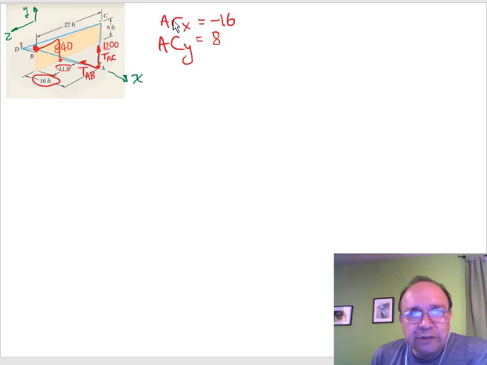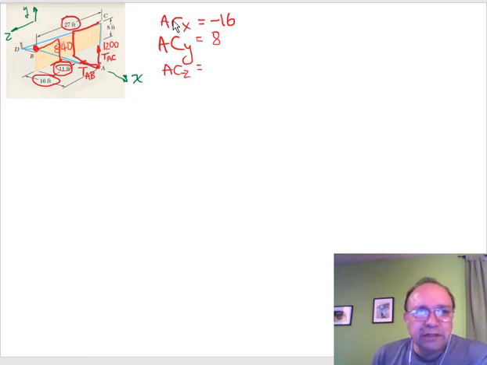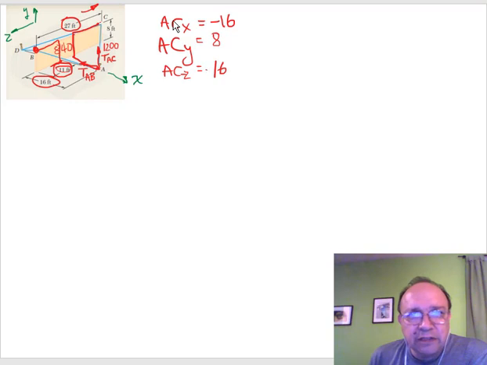And then ACZ: we have here 16, then we go up 8, and then we move back, so it will be 27 minus 11, which is 16, and it's going in the direction of the negative z, so this is negative also.